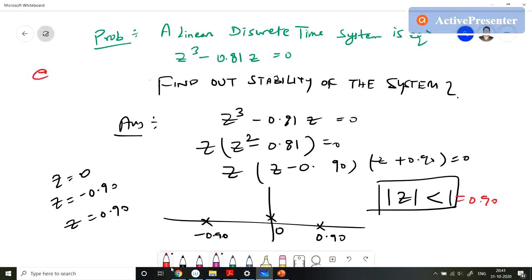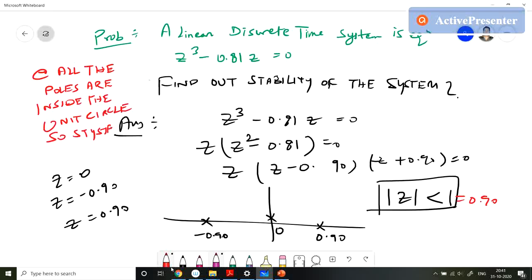So basically all the poles are inside the unit circle, so the system is stable.